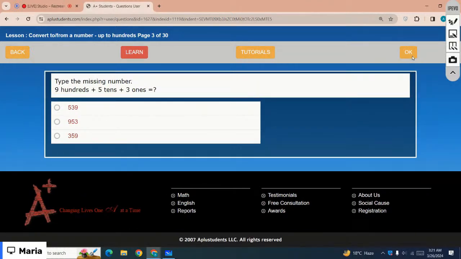Okay, type the missing number 900s, 5 tens and 3 ones. So which is the correct option?